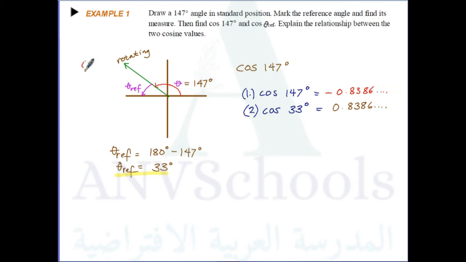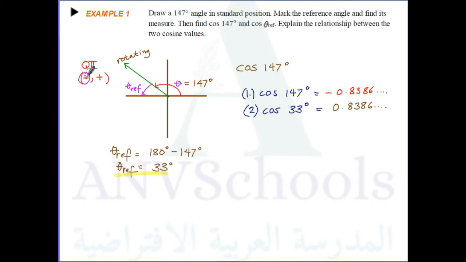And in quadrant 2, your cosine will be negative and your sine would be positive. So solving for cosine of 147 degrees gives us a negative value.